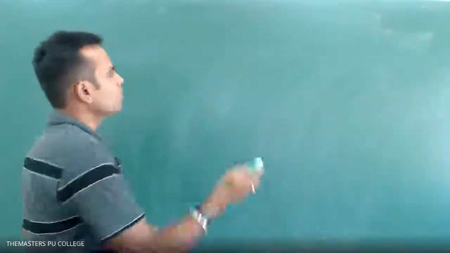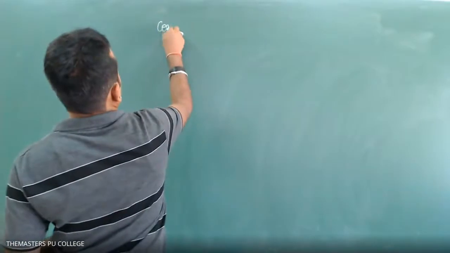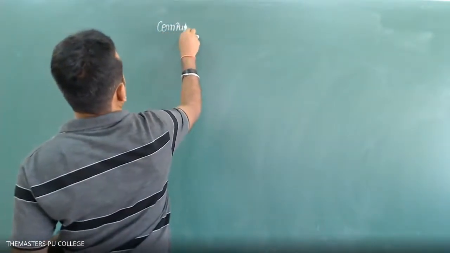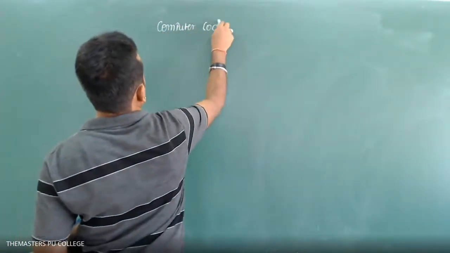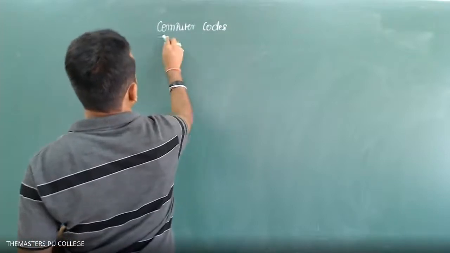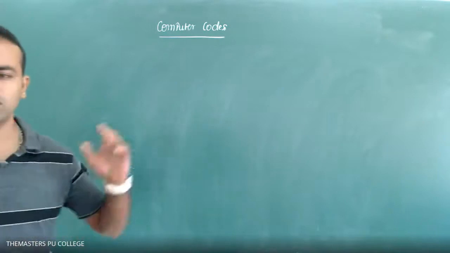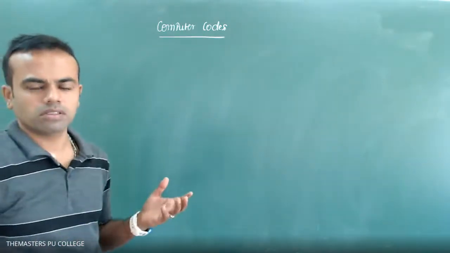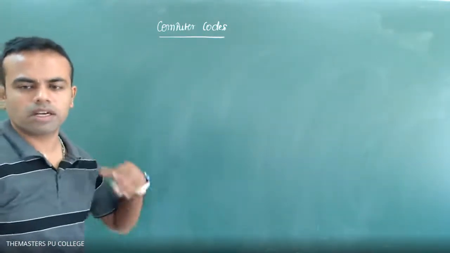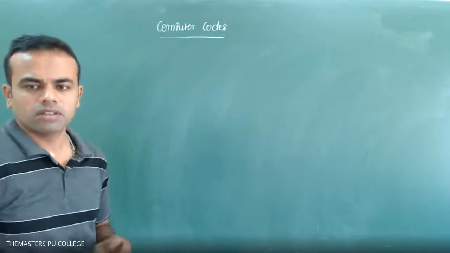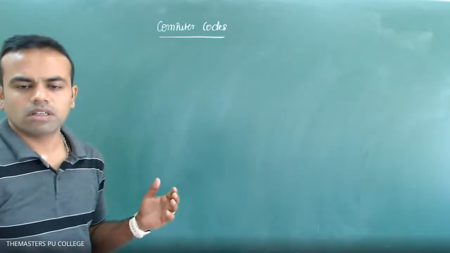So as we know, the computer doesn't understand our language. What does it understand? In which language the computer understands, interprets and gives the results? The computer always understands in the terms of zeros and ones.